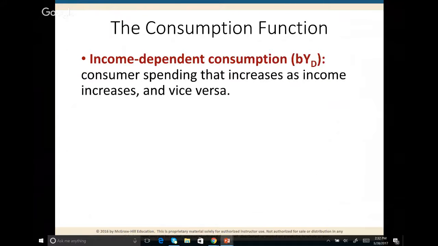And then the second part is called income-dependent consumption. One part of consumption is independent of income. The other part is dependent on income, and it's called income-dependent consumption. The formula is very simple. It is B times YD. YD is income, and B is your MPC, the marginal propensity to consume, times the additional income you have.